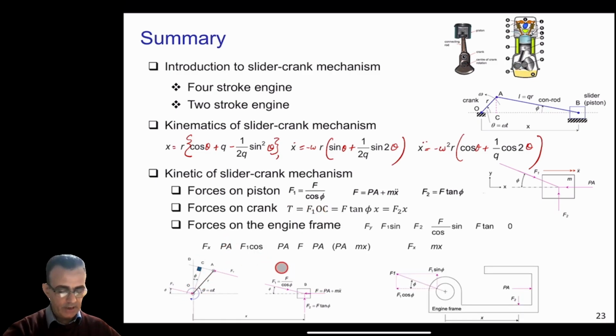And finally, we also calculated the forces on the engine frame, and we calculated the Fx, which was PA minus F1 cos pi here, and which was PA minus F, which was equal to PA minus PA plus MX double dot, and the summation of all the forces in x direction was just equal to MX double dot here.